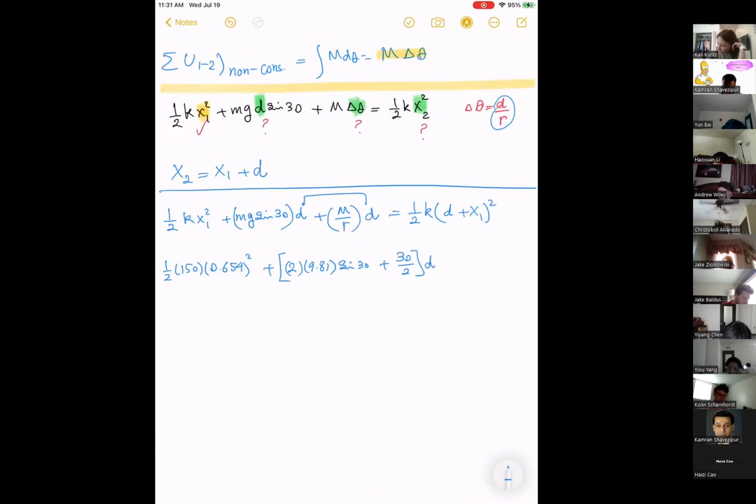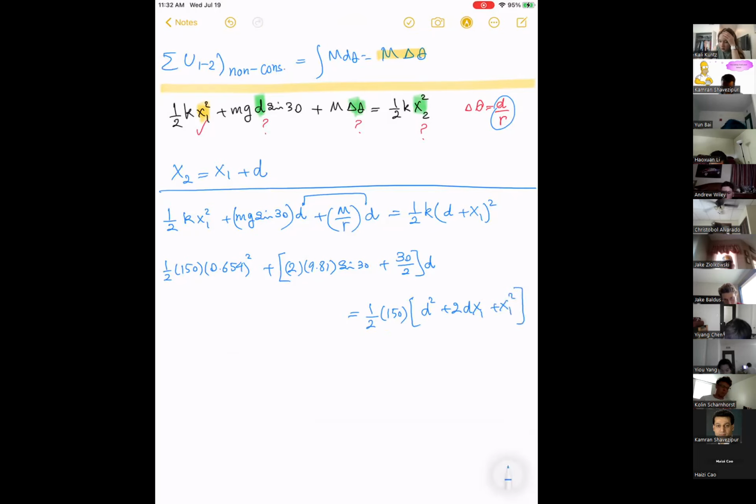And on the right hand side, half times 150, now you're going to get d squared plus 2dx1 plus x1 squared.